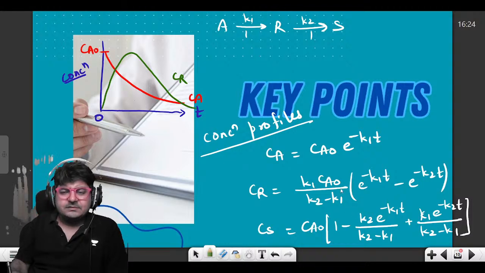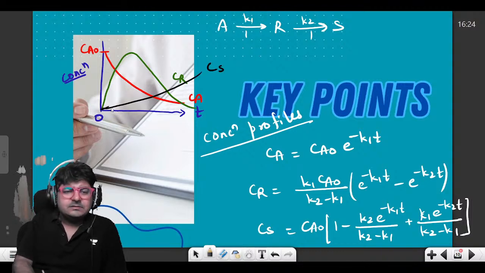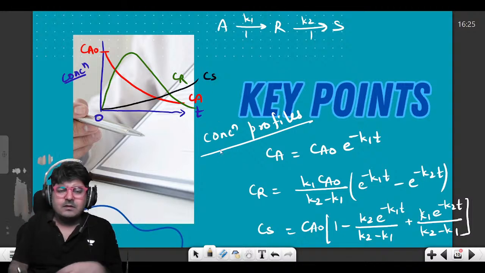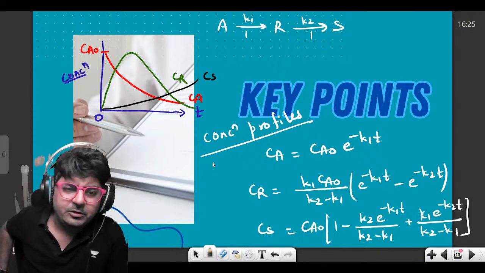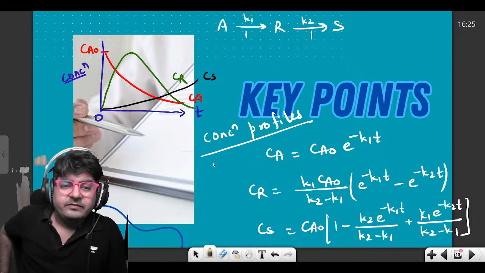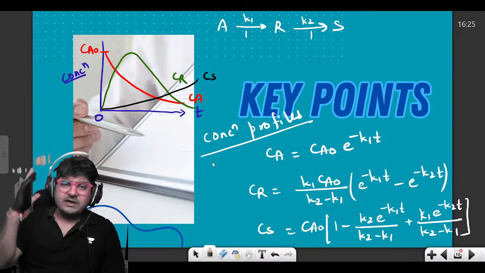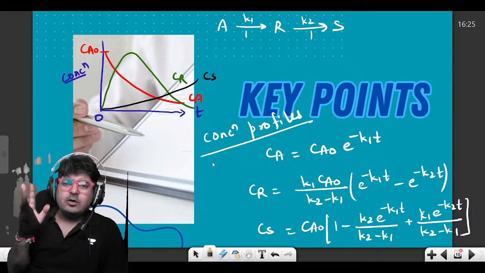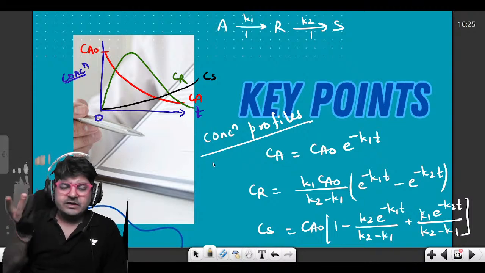And for S, it will be like this. Don't look at the endpoints, it doesn't matter. Endpoints obviously will depend on the value of T. You can understand logically if this reaction occurs for a very long time, like infinite, all the A will disappear, all the R will disappear, only S will be there. So Ca and Cr both will become zero in infinite time.